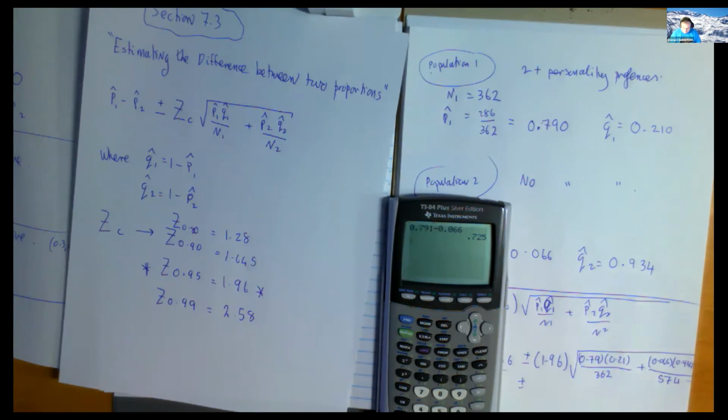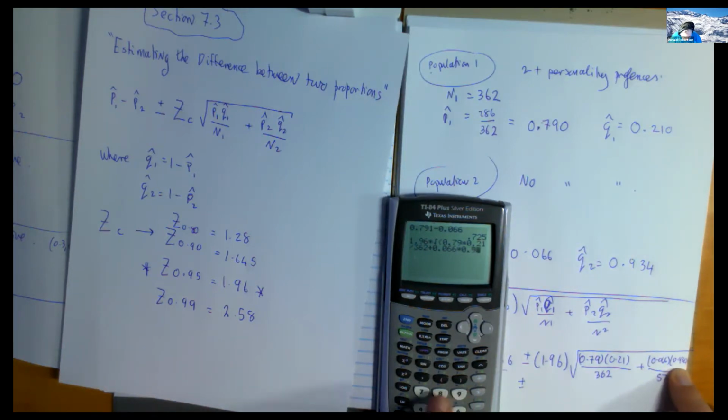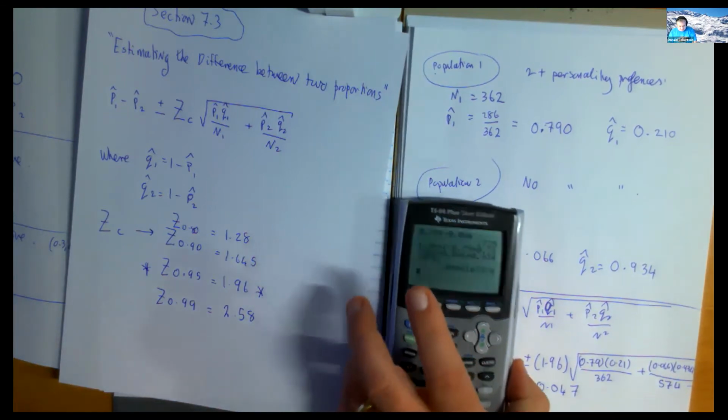This horrible calculation. So 1.96 times the square root, 0.79 times 0.21 divided by 362, add 0.066 times 0.934 divided by 574, and we get 0.047 to 3 decimal places.